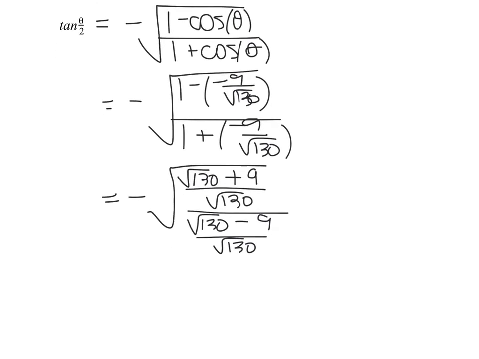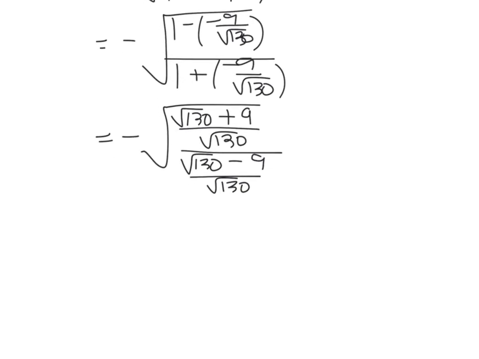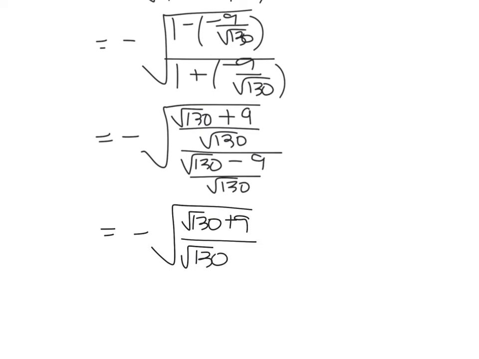So in this example, we're dividing two fractions with the same denominator. So the denominators will cancel, and we will end up with negative square root radical 130 plus 9 over radical 130 minus 9. And this answer is not going to simplify, so that is our final answer.